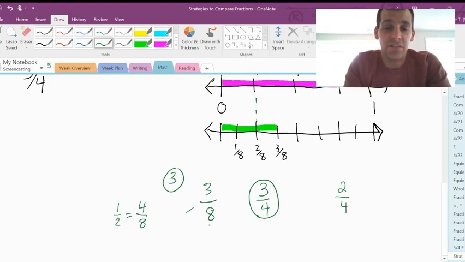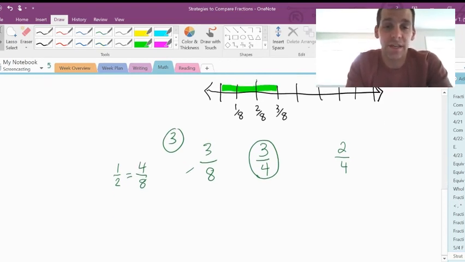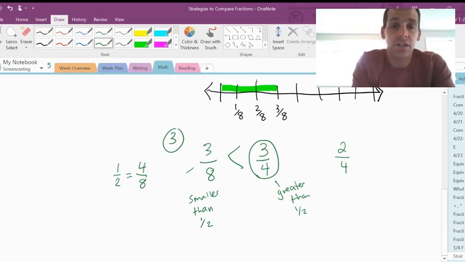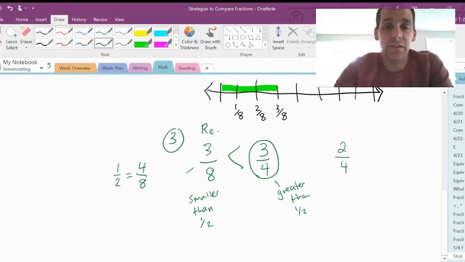So I know that this is smaller than half. So I'll label that here, smaller than half. And I know that this is larger or greater than 1/2. And just by looking at that, I can tell already that this one has to be larger than my 3/8. My 3/8 is less than 3/4. So I can reason with related fractions or facts.